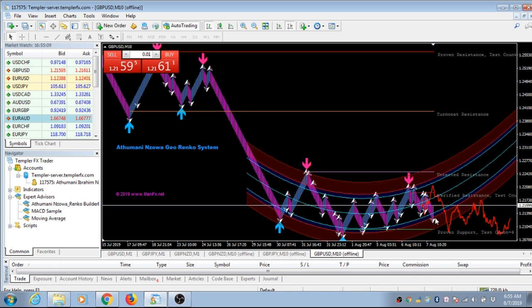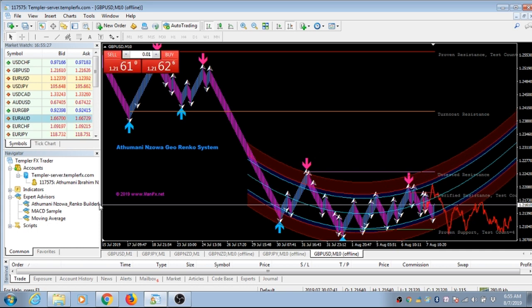As you can see, we have already got a fractal here that we are going up. And don't ask me why I didn't take a position here. In fact, I'm not using this account for trading, I'm just using it for elaboration purposes. I'm trading with another broker.